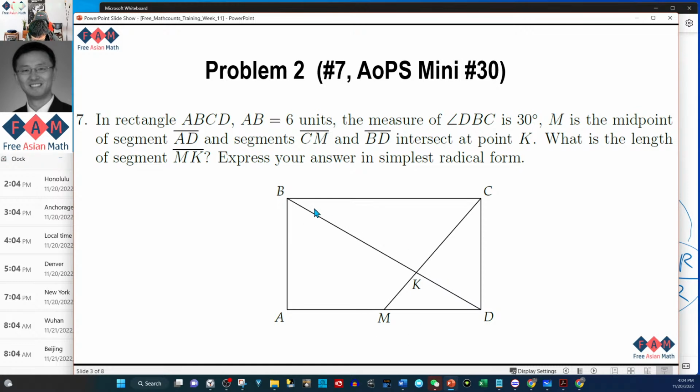This is the thing. We have parallel lines because this is a rectangle. We cut two cross-cutting transecting lines here, and then they intersect at K. We get a pair of similar triangles. Therefore, we know the ratio between MK to CK, that's 1 to 2. From there, we know the fraction MK of the total length of MK and CK, that's just 1/3.